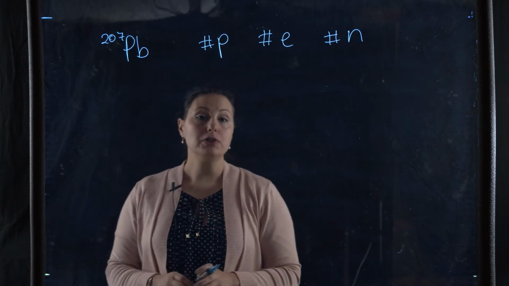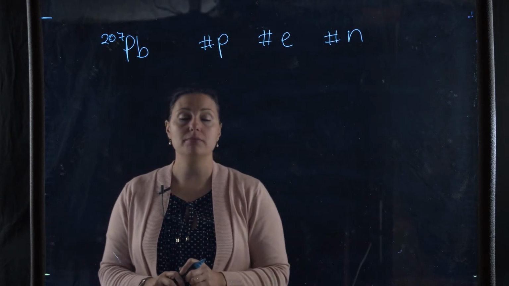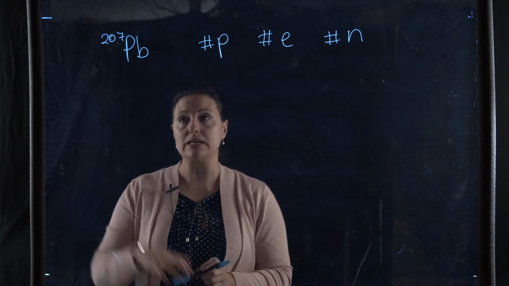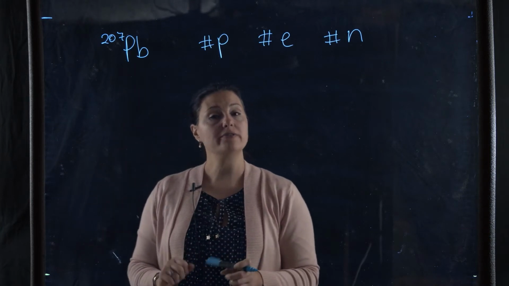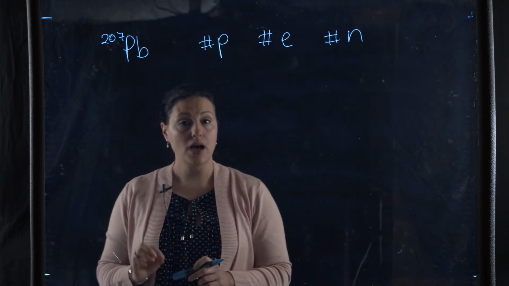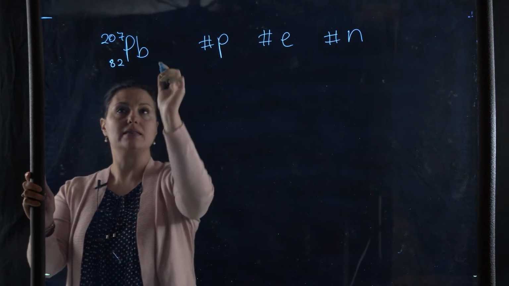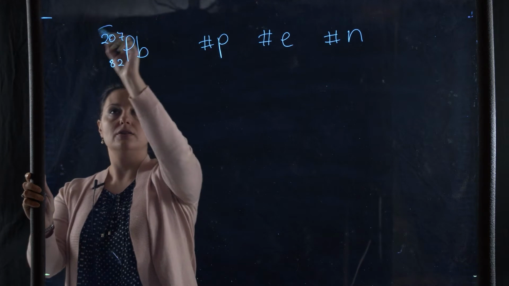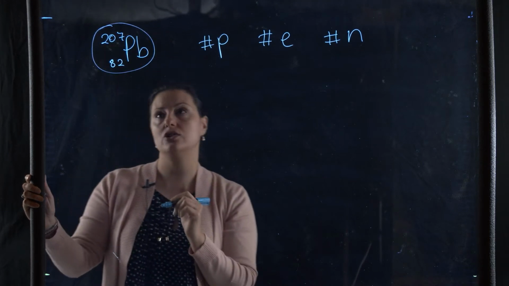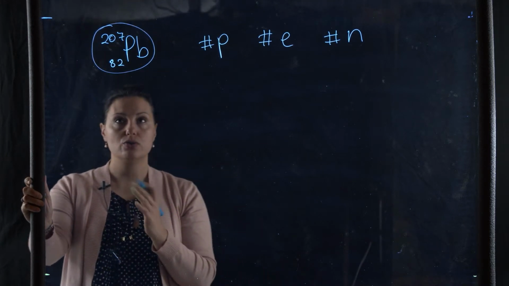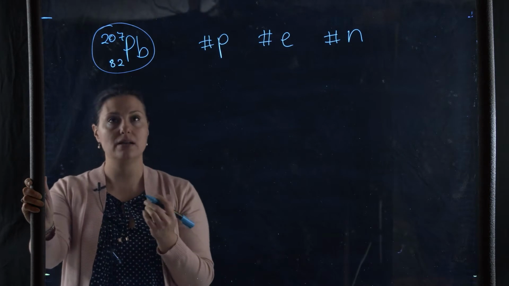Okay, if we look up the element of lead, so Pb, in the periodic table, you will find that its atomic number Z is 82. And by the way, this is the typical notation that we use to write atomic numbers and mass numbers.